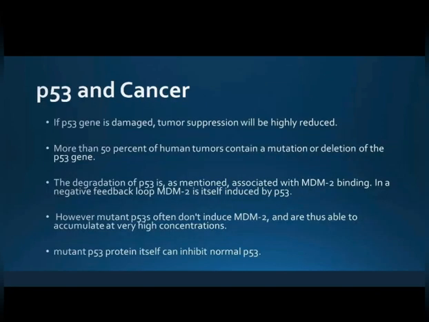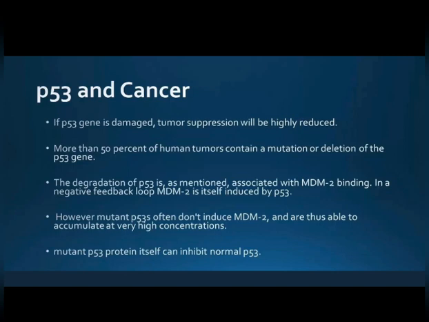If the p53 gene is damaged, tumor suppression will be highly reduced because this pathway will not be active. More than 50% of human tumors contain a mutation or deletion of the p53 gene. The degradation of p53 is, as mentioned, associated with MDM2 binding.